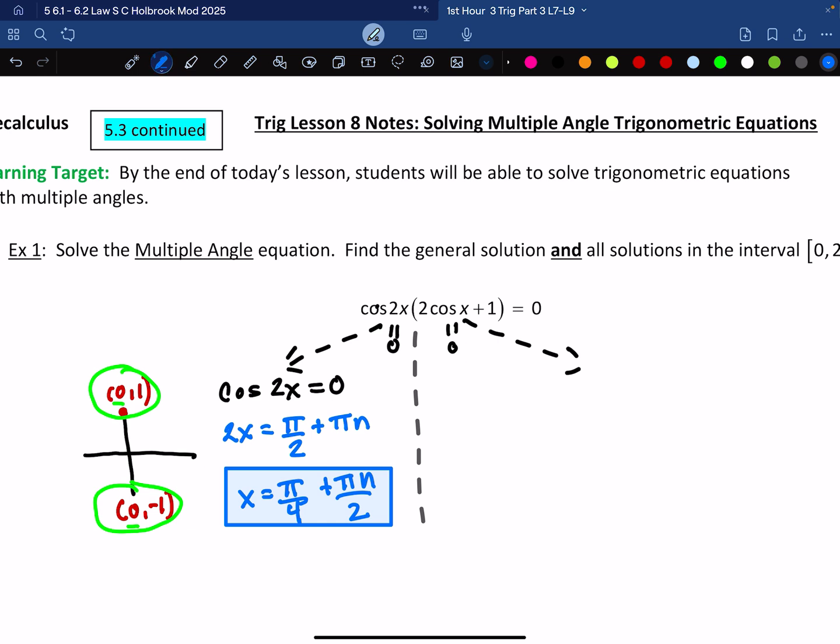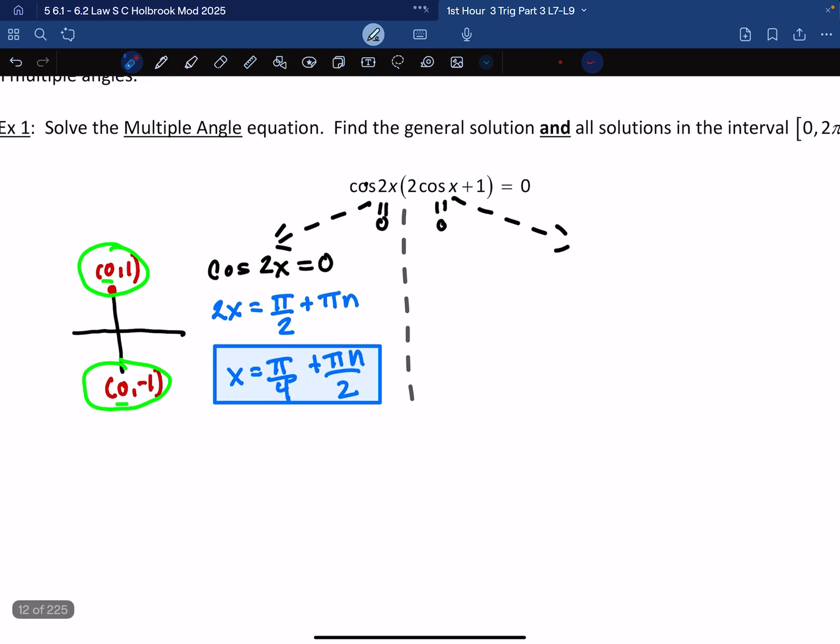Okay, now the second part of our question is asking us to find the solutions within the interval of 0 and 2 pi. All right, so that half we're going to be solving for. We're looking for between 0 and 2 pi. So now what we're going to do is evaluate the general expression or equation right here.